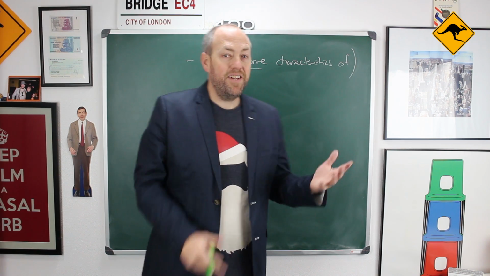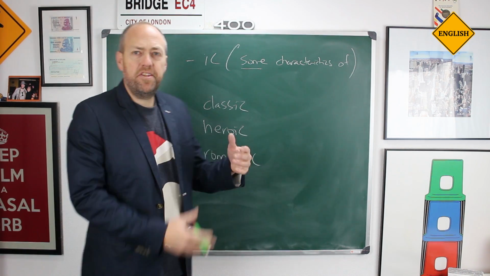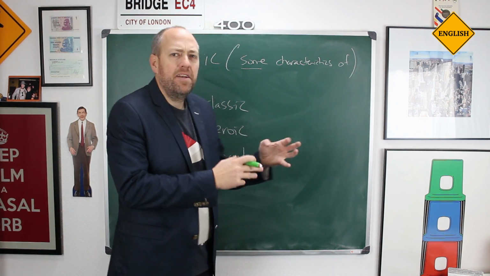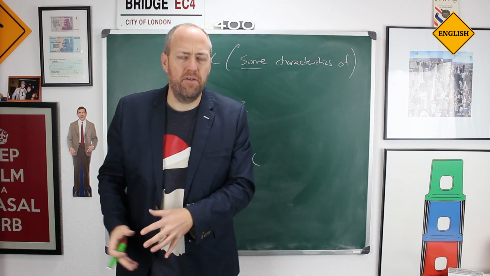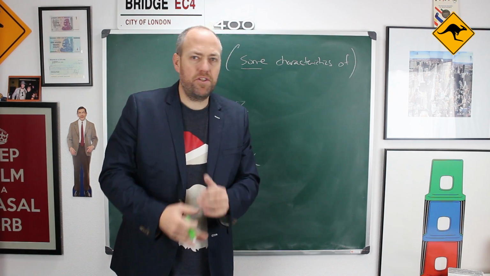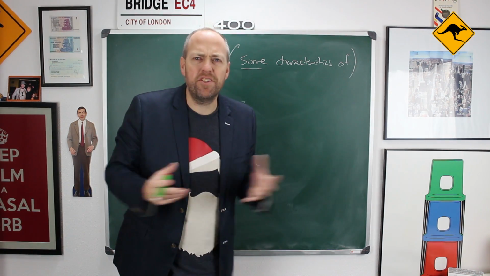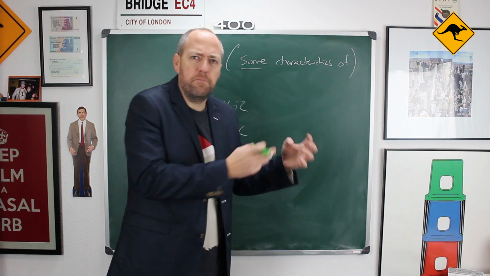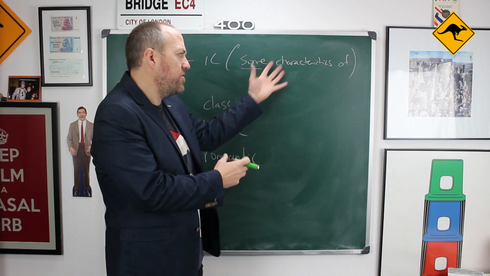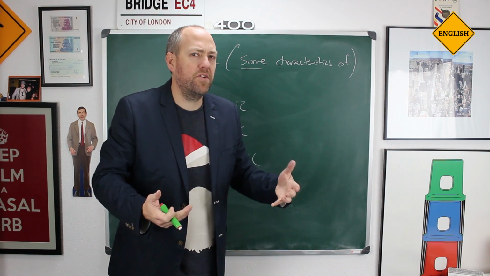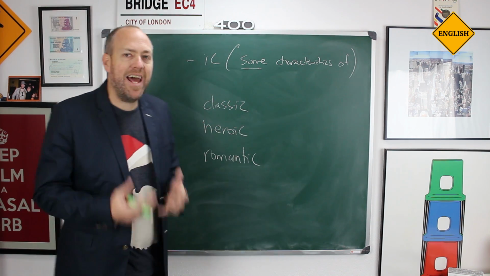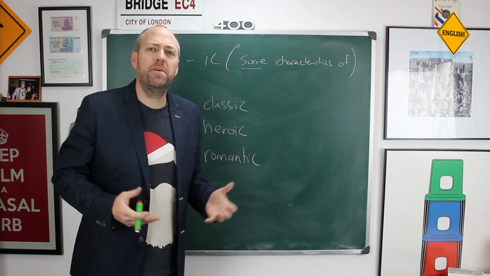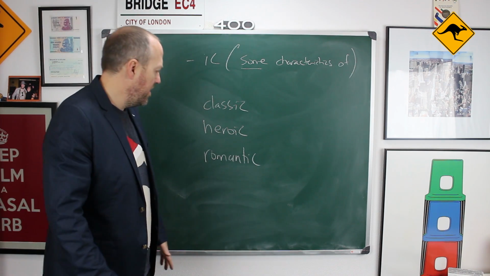So the next one is ic. This means that something has some characteristics of, okay? Maybe not completely or entirely made of this or characterized by this, but contains some characteristics. For example, classic has elements of class.